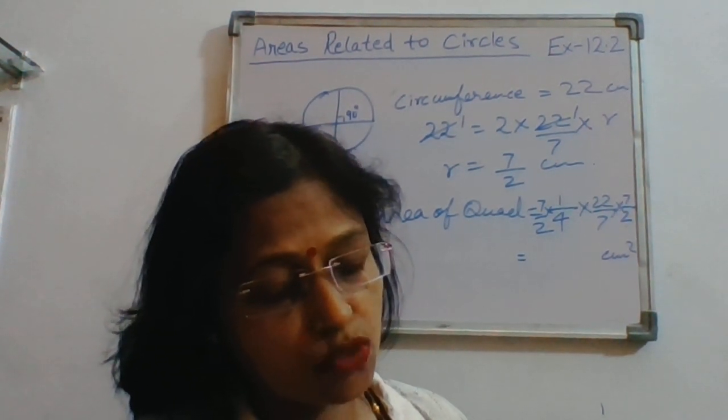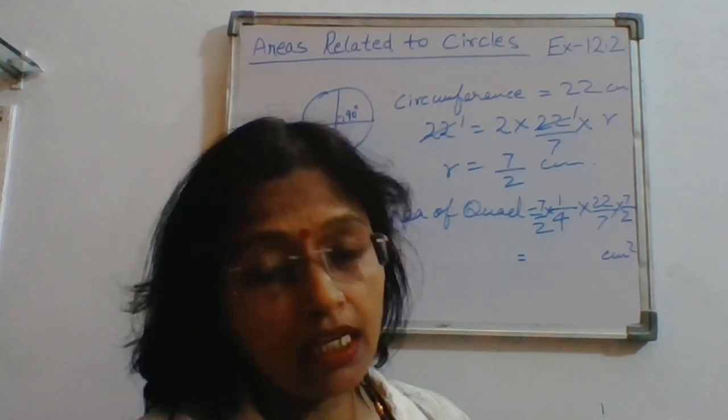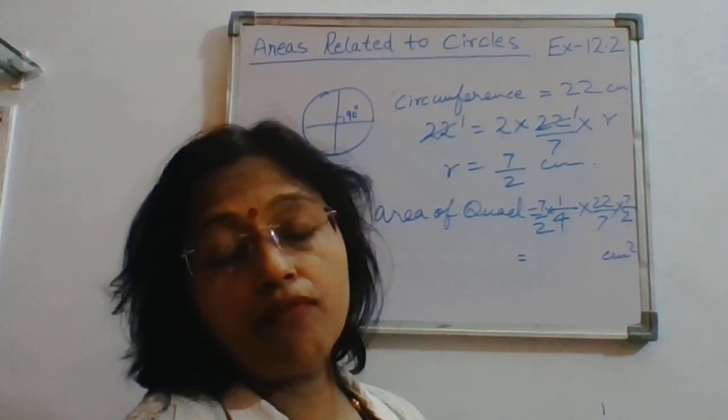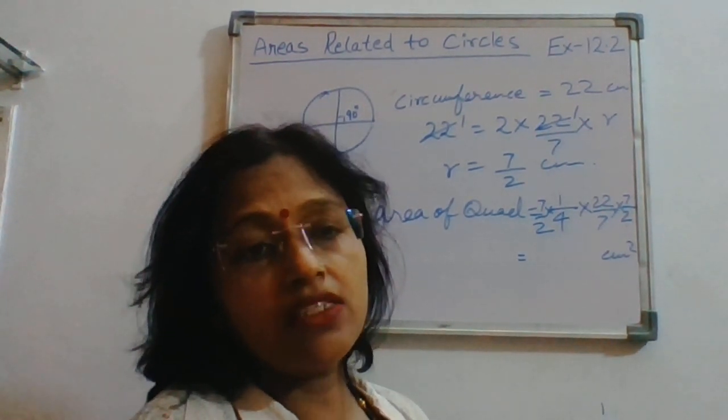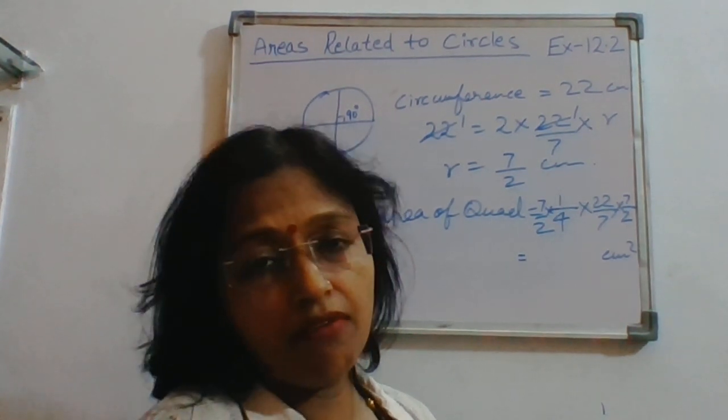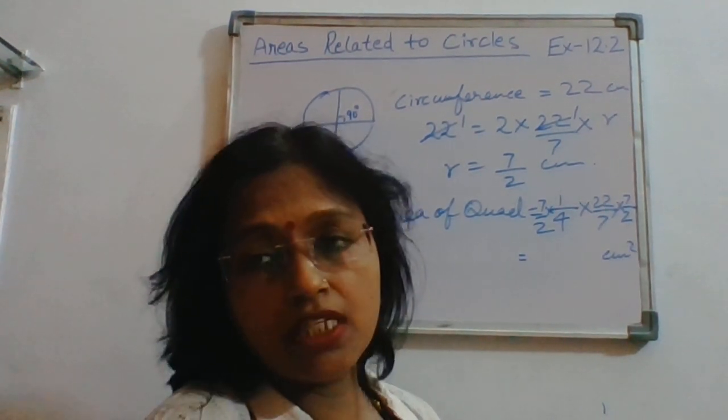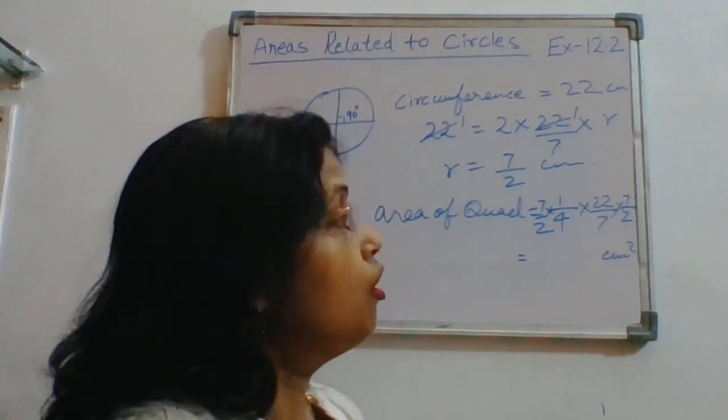Now in the third question, the length of the minute hand of a clock is 14 centimeter. Find the area swept by the minute hand in 5 minutes. So we have to calculate the central angle. That means in 5 minutes, how much will the minute hand of the clock move.